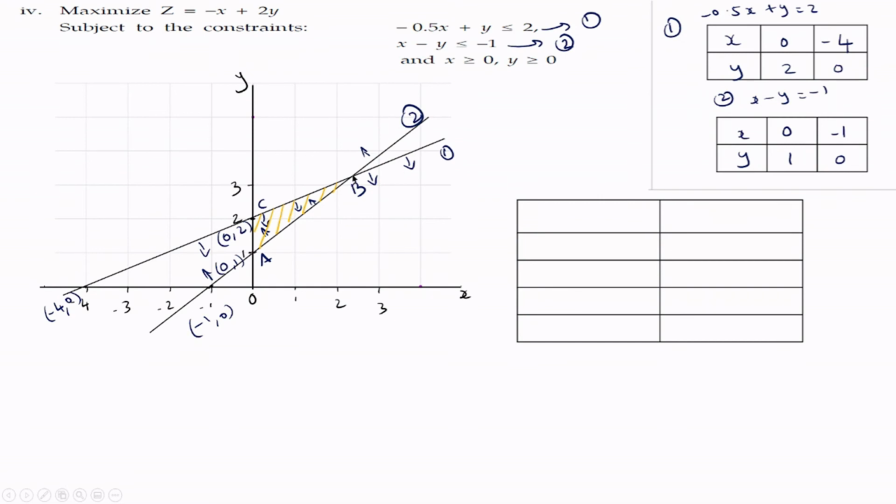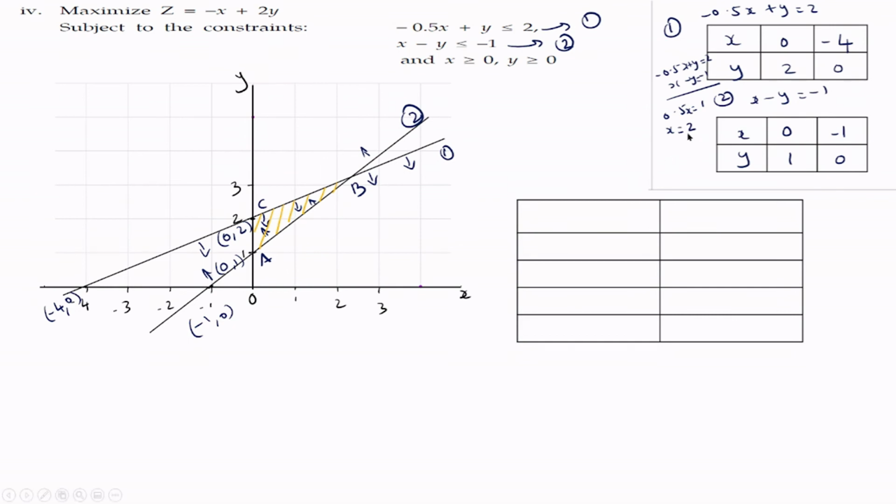Now to find the coordinates for B, let us solve these two equations. So if we take minus 0.5x plus y equal to 2 and x minus y equal to minus 1, if we add these two, we get 0.5x is equal to 1 or x is equal to 2.